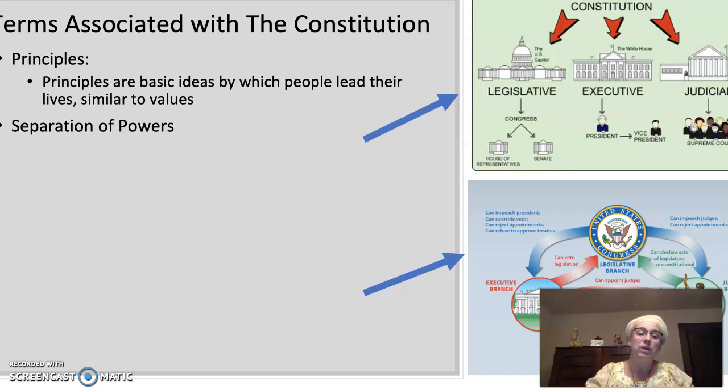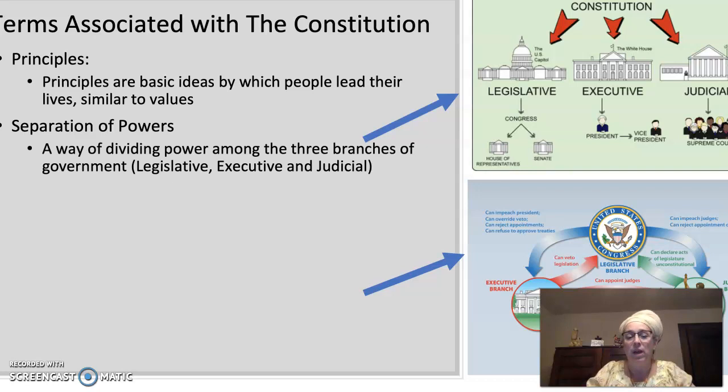The next word is the separation of powers, or it's not a word, but it's a concept. Separation of powers is important with our Constitution because if you look up to the right, you have the three branches, right? We've got legislative, executive, and judicial. And the separation of powers is a way of dividing power among these three branches of government.